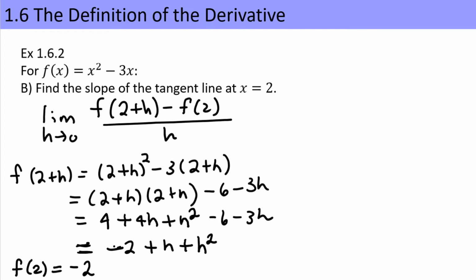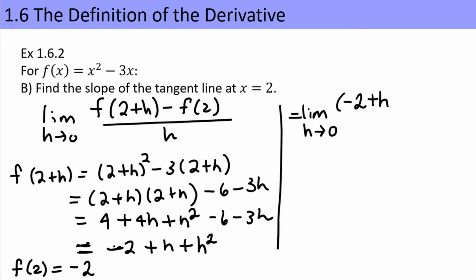Now let's put it all together. We want the limit as h approaches 0 of, and then f(2+h) is −2 + h + h², minus f(2) which is −2, divided by h.